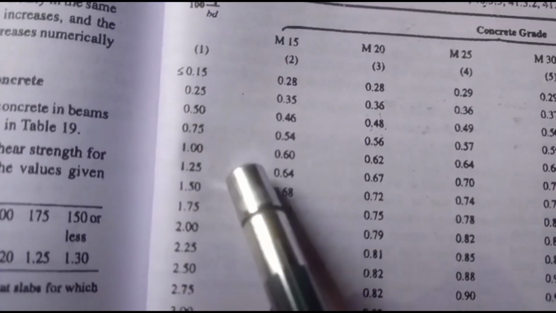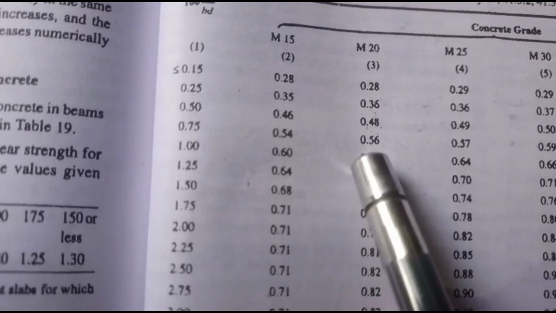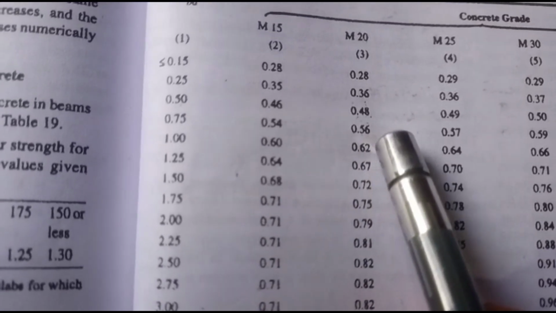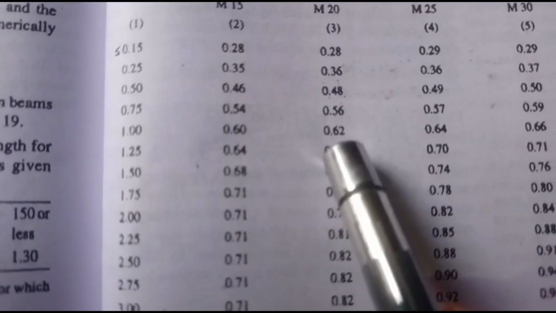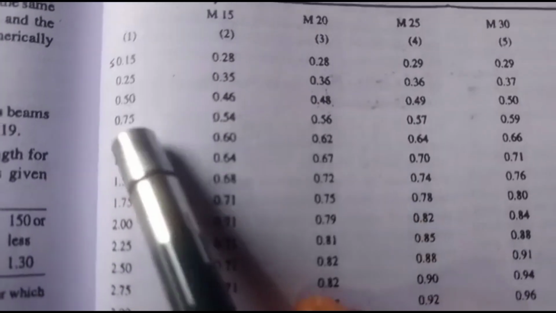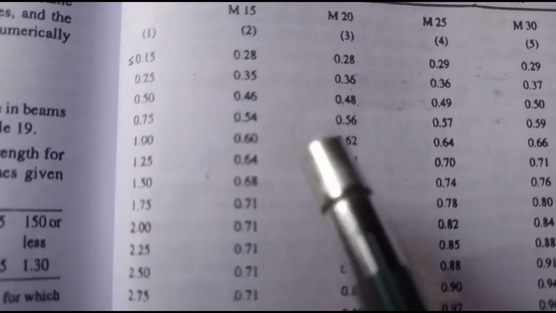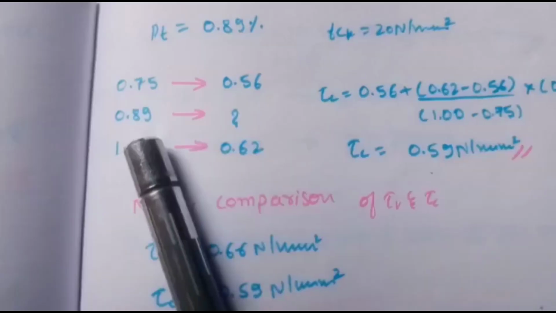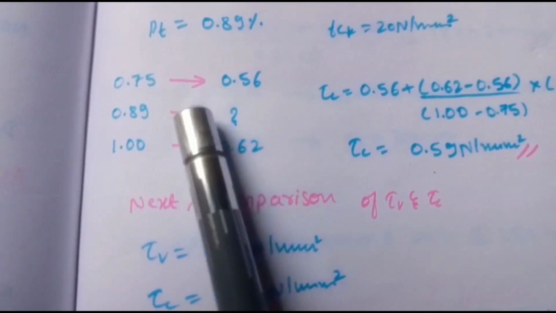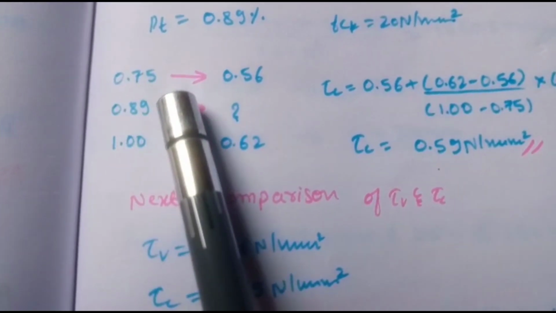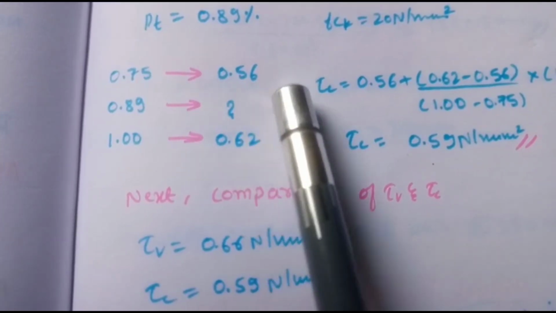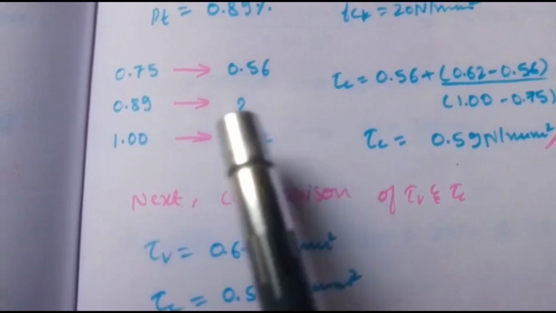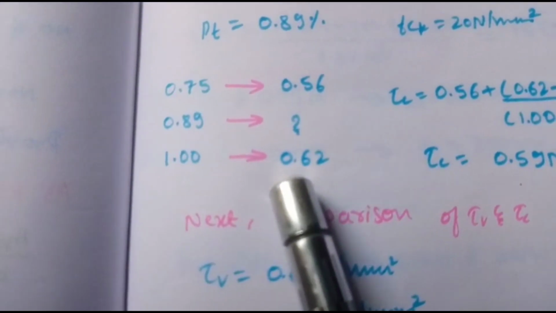For 0.75 we have the concrete value 0.56, and for 1 we have the value 0.62. So by taking these values and with the help of the interpolation method we will calculate the tau C value. The values I have written here: 0.75, the corresponding concrete value is 0.56. For 0.89 we need to calculate now. For 1 we have the value 0.62.